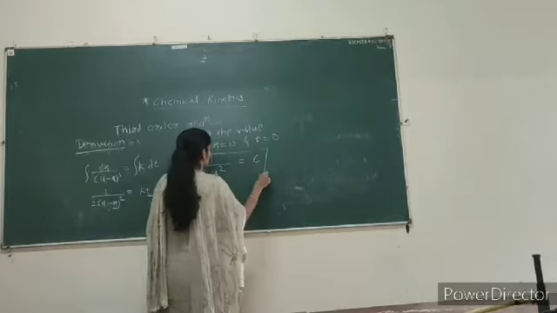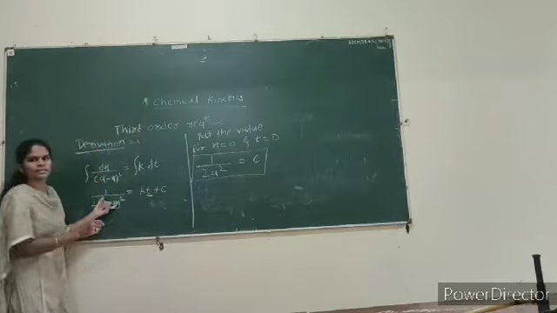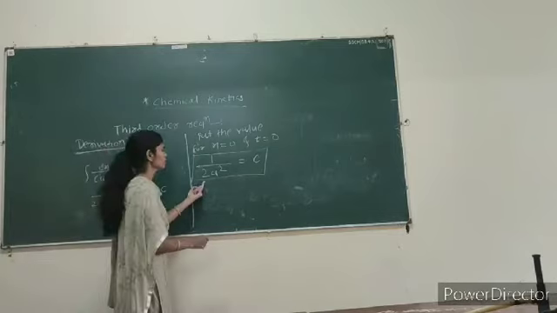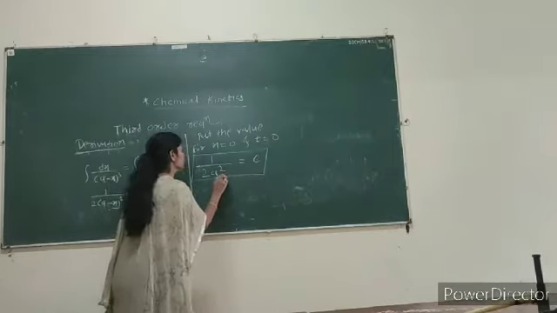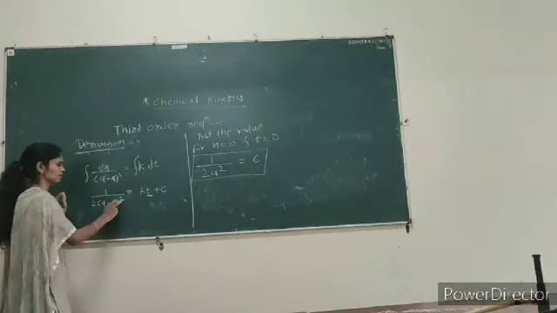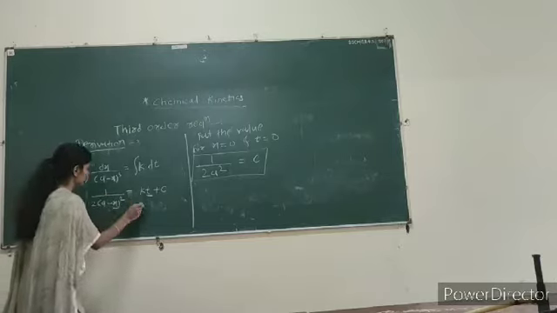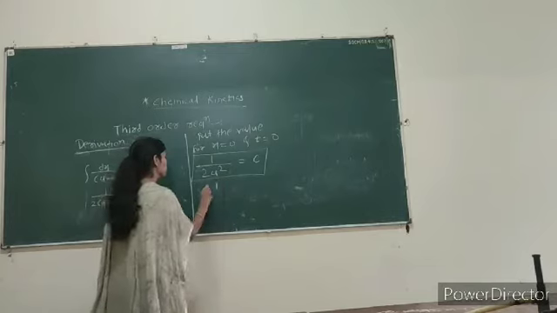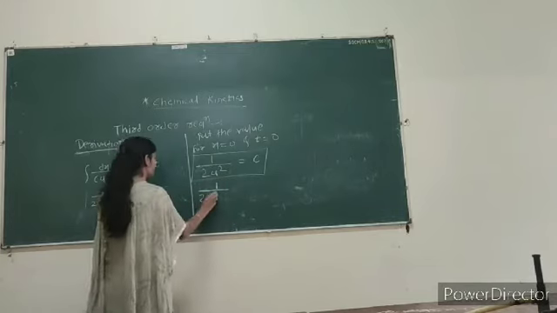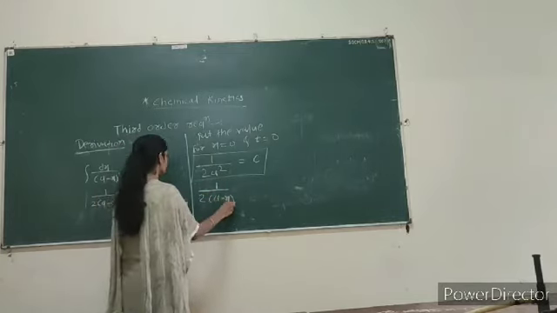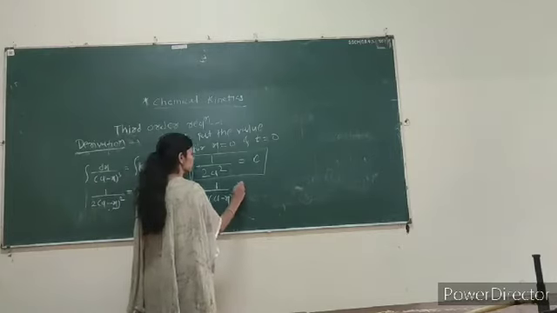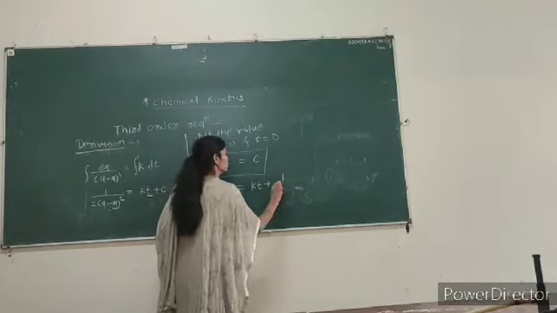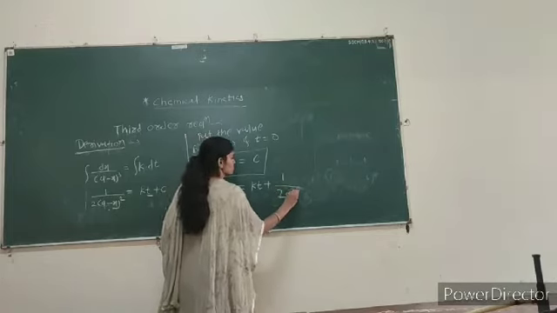In this way we calculate the value of c, the integrating constant, and we put it in equation 2. Therefore, 1 upon 2(a minus x) squared is equal to kt plus 1 upon 2a squared.